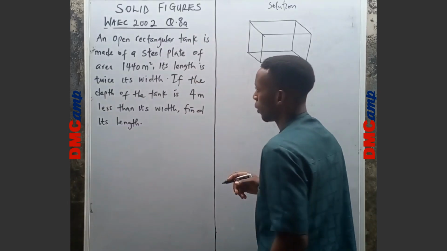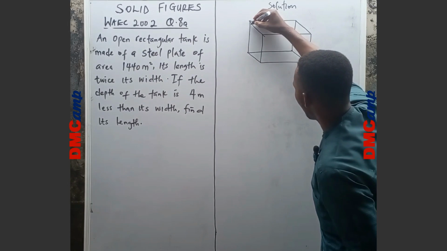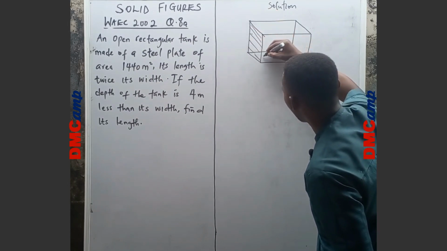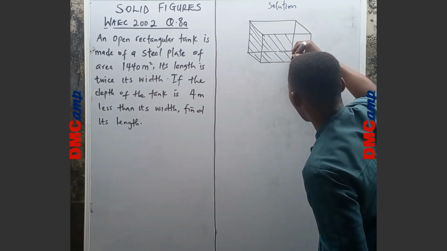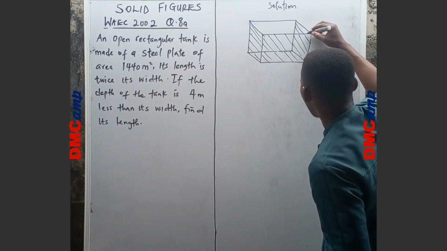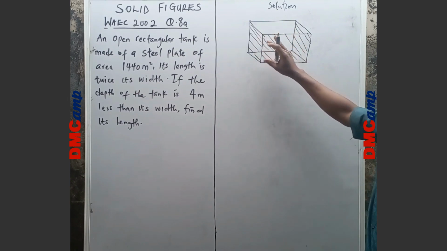The question says an open rectangular tank, so let's shade this side, telling you that this is the sealed part.